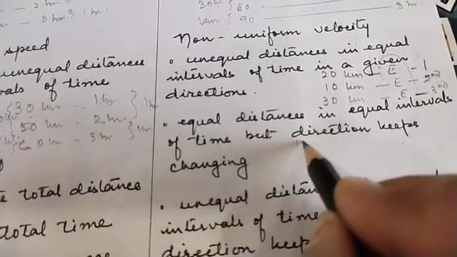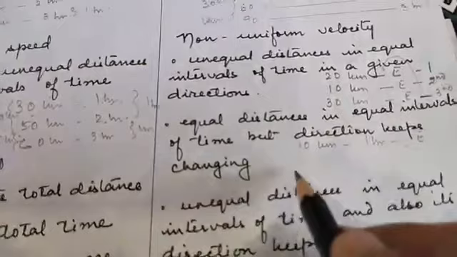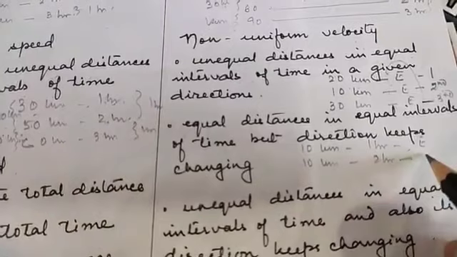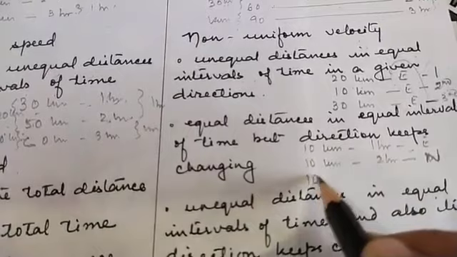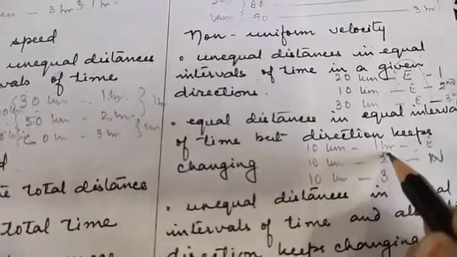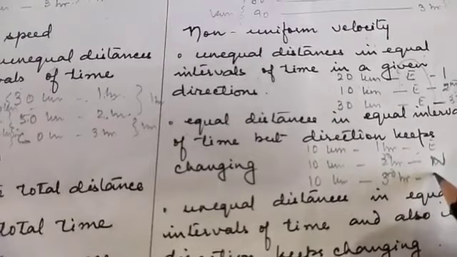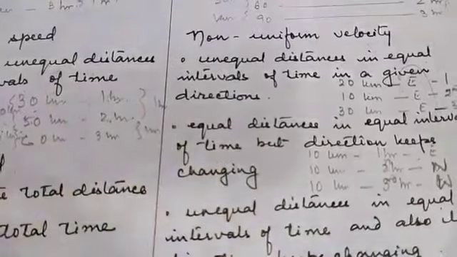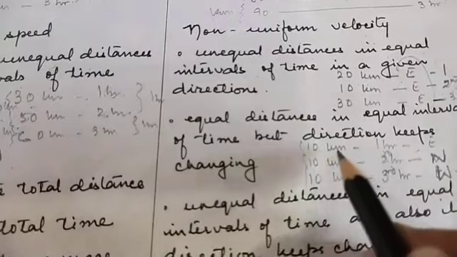Suppose it covers 10 kilometers in the first hour towards east, then 10 kilometers in the second hour towards north, then again 10 kilometers in the third hour, coming back towards west.